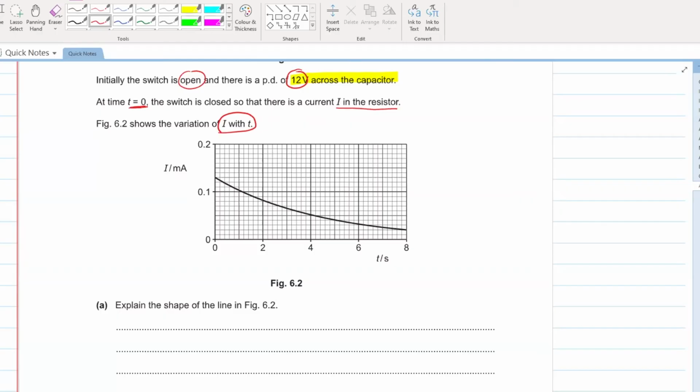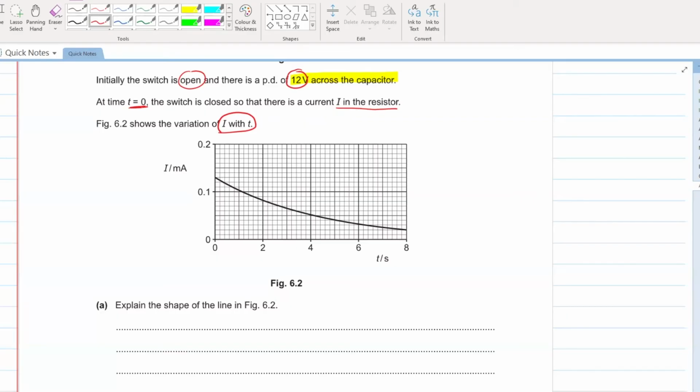What do you think will happen here? Any geniuses? What can you say here? First of all, it has a decreasing gradient.